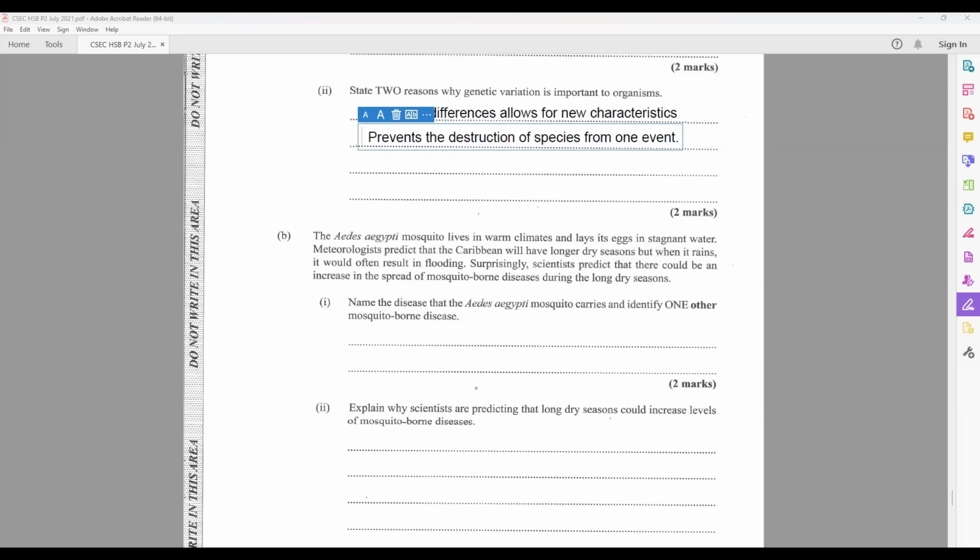Name the disease that the Aedes aegypti mosquito carries and identify one other mosquito-borne disease. Dengue. And one other disease, Zika. Now, you could have used other diseases, chikungunya, etc. But these are the ones we chose to use.